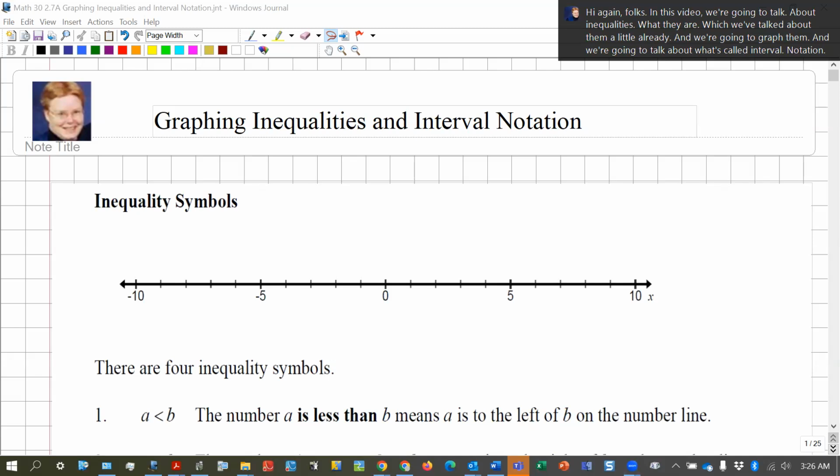There are 4 inequality symbols, and 2 of them we have already talked about.